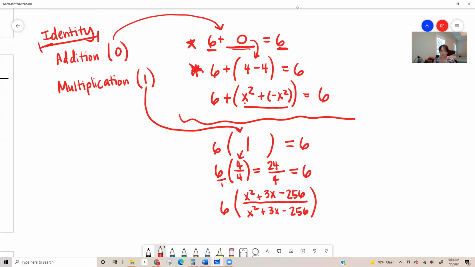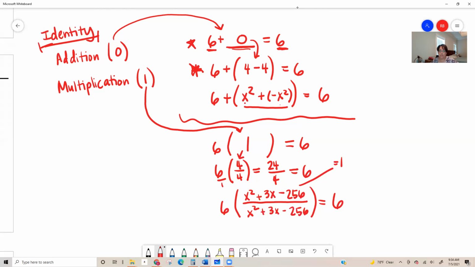This is just a disguise of 1, okay? So that right there is equal to 1 because any number over itself is 1. Anything over itself is 1. So 6 times all of this mess is going to end up giving you 6 again. All right, so this is the identity property.